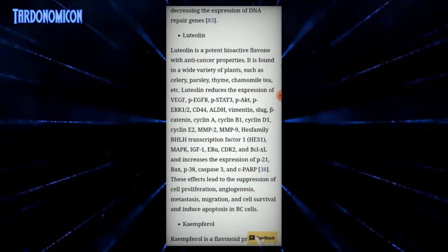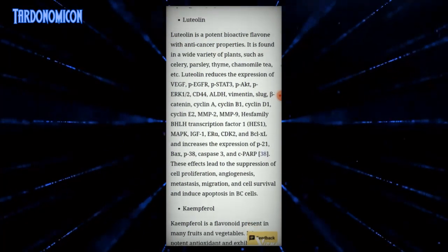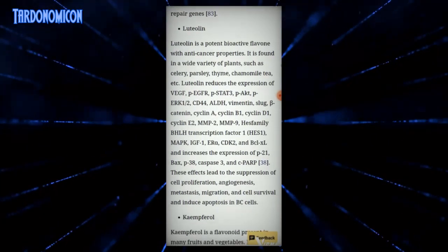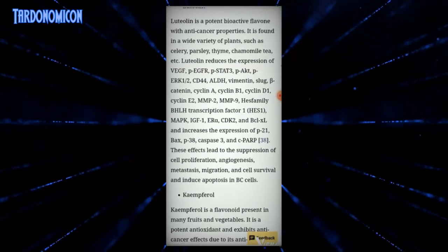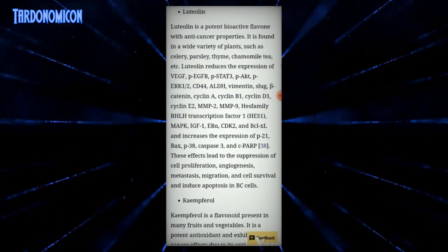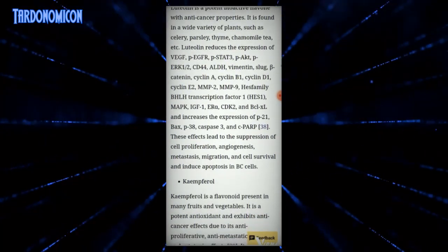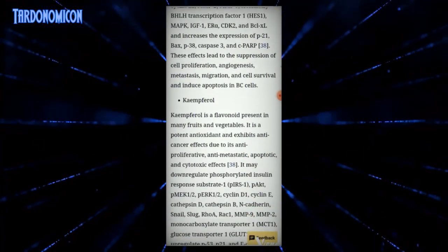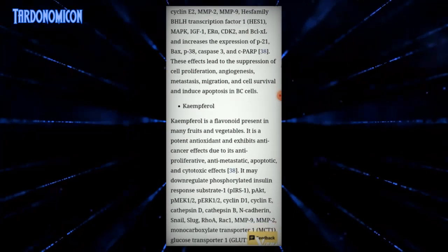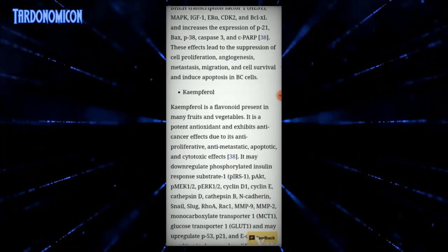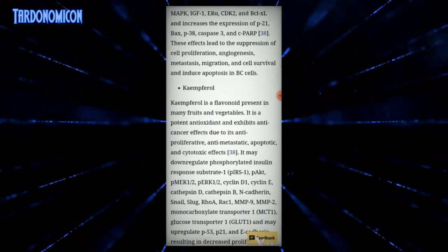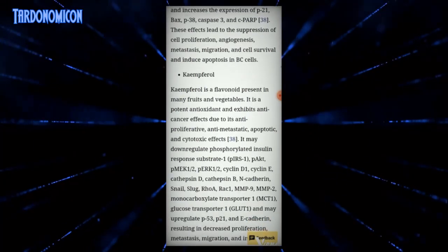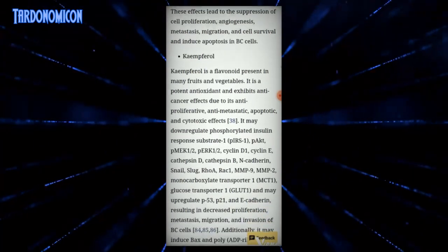Luteolin is a potent bioactive flavone with anti-cancer properties. It is found in a wide variety of plants such as celery, parsley, thyme, chamomile tea. Okay, it reduces the expression of these molecules. Okay. These effects lead to the suppression of cell proliferation, angiogenesis, metastases, migration, and cell survival, and induce apoptosis.